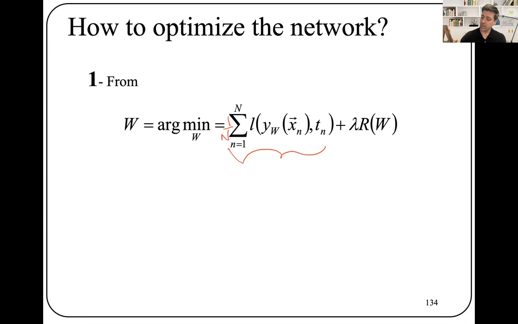And then we also want to add a regularization function R, which is applied on the weights, the parameters of our network. As we mentioned before, this term is used to avoid or minimize overfitting.